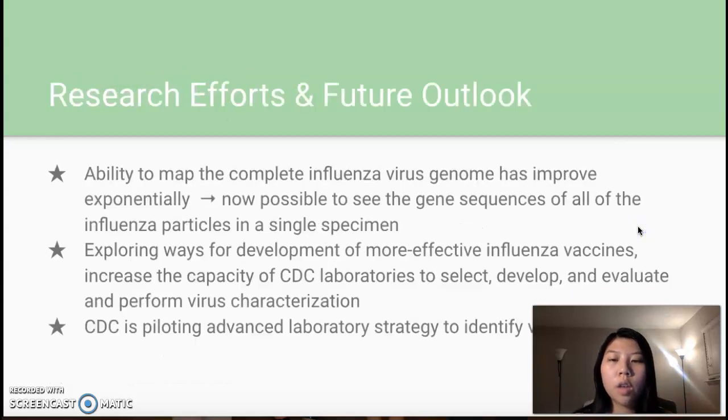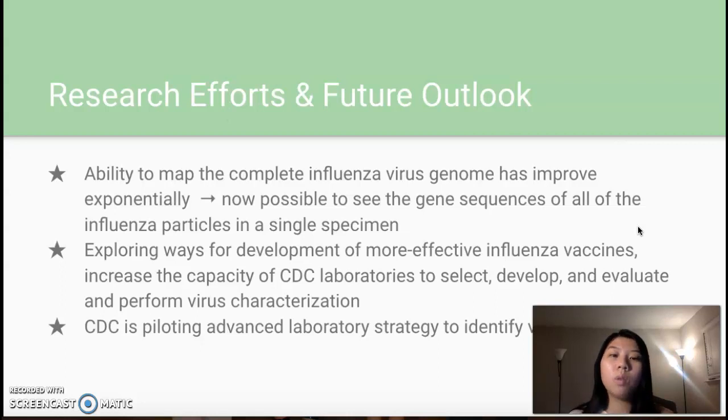So some research efforts and the future outlook based on the research that has been done is they are now able to see the gene sequences of all the influenza particles in a single specimen. This is due to their ability to map the complete influenza virus genome.